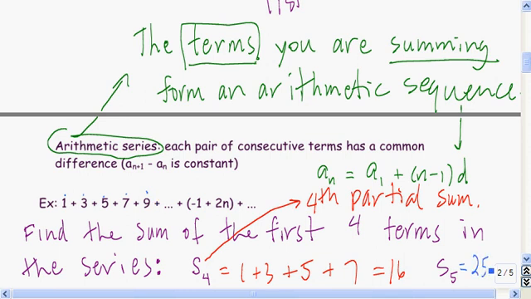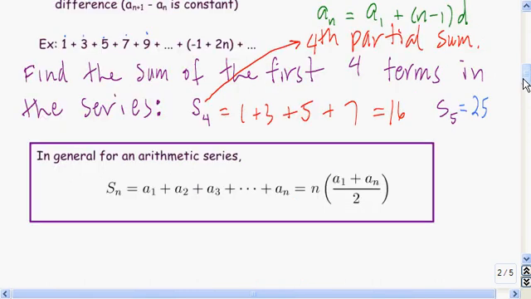In general, the S means you're going to add the first certain number of terms, and the subscript tells you how many of the first terms you're going to be adding. We have a formula for finding the nth partial sum of an arithmetic series.